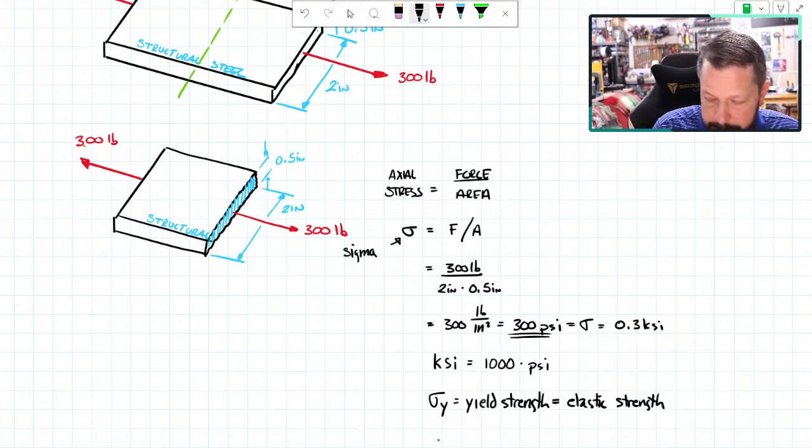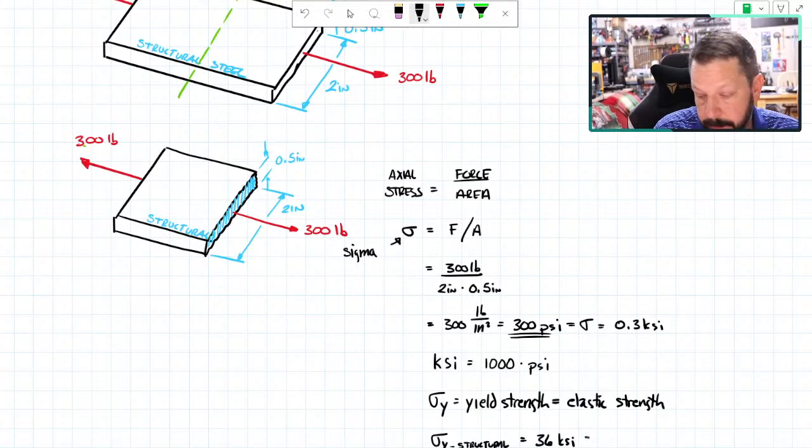So sigma y, the yield strength for structural steel, is 36 KSI, which equals 36,000 PSI.